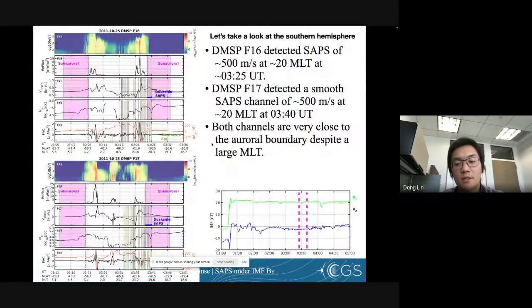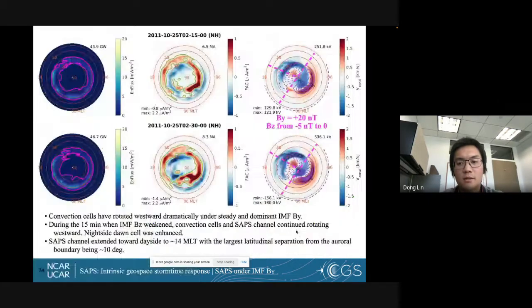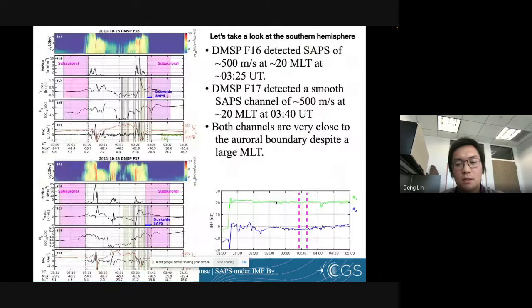But because the IMF was stable, just by taking the results from an hour later in the southern hemisphere, you don't see as large a separation of the SAPS from the auroral boundary or the major auroral flow.